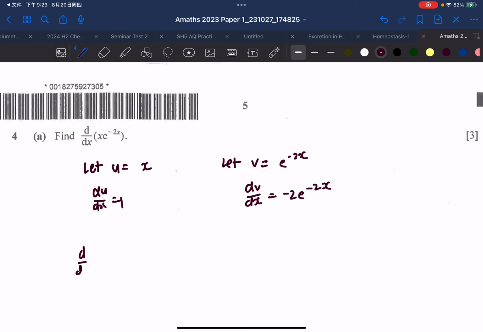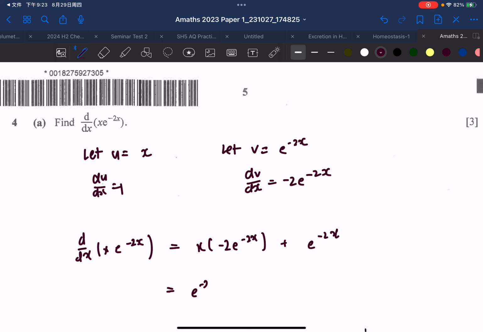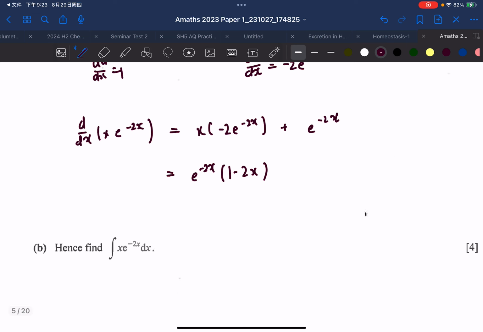So, d/dx of x e to the negative 2x will be equal to x times negative 2e to the negative 2x plus e to the negative 2x. And if we take it out, by here you should already get the marks already. But I want to make our life easier, so we factorize out. Okay?